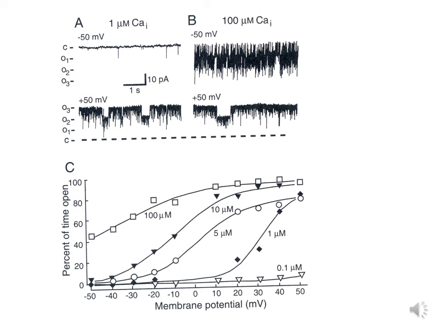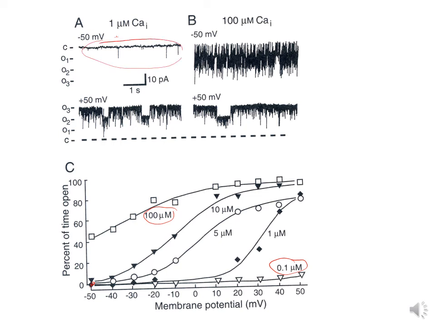You can see that varying calcium from 0.1 micromolar on the intracellular side to 100 micromolar, there's a very large change in open probability of these channels. So at minus 50 millivolts, for example, at low levels of intracellular calcium, these channels tend to stay closed, and that's what's shown in the top part of panel A.